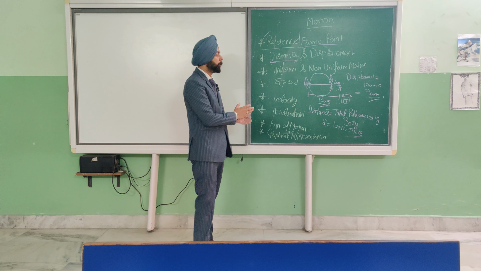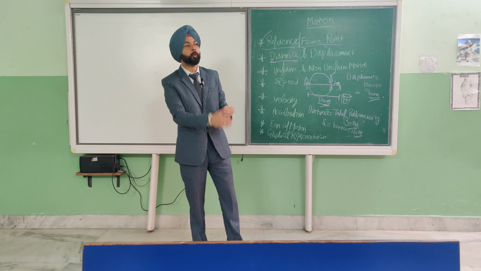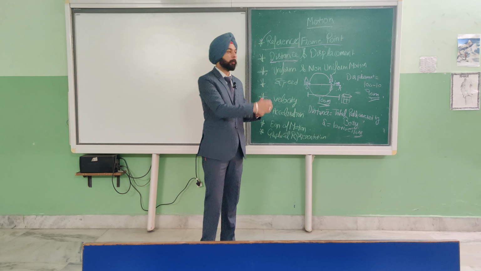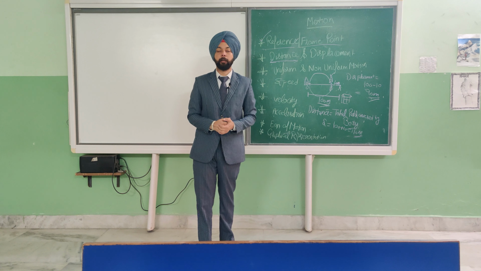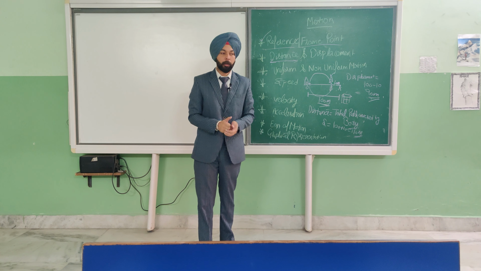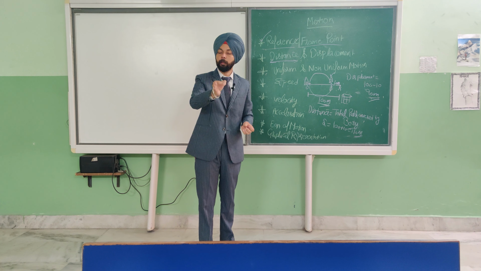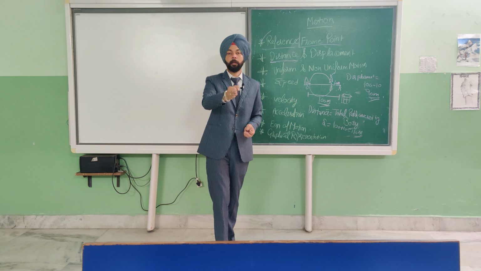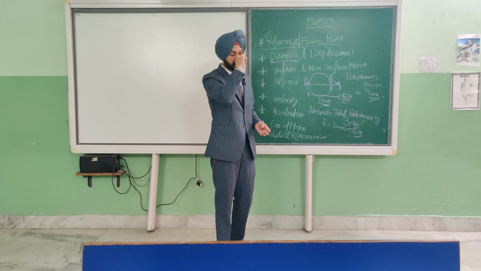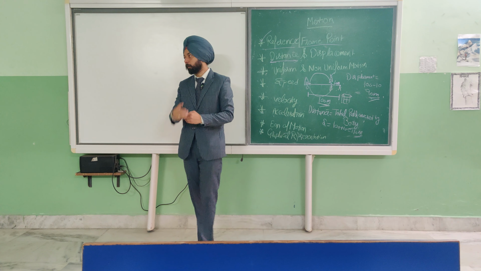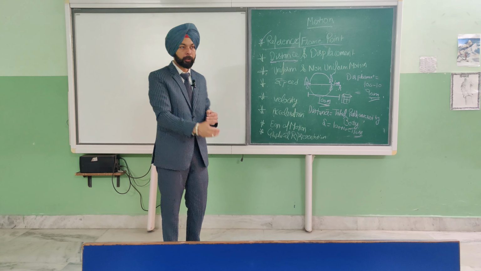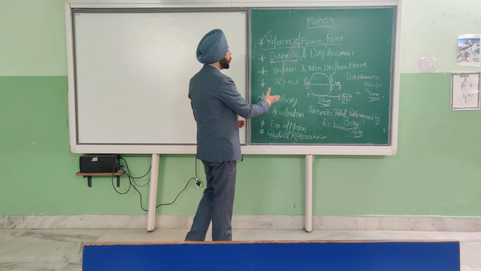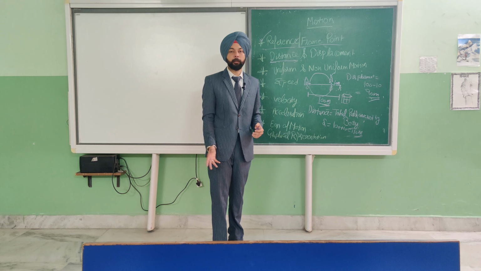When you solve 2-3 questions on a regular basis, you can understand easily with practice. I repeat, distance is the total path covered by a body and displacement is the shortest path covered by a body, or we can say the difference between the initial and final position of a body is called displacement.